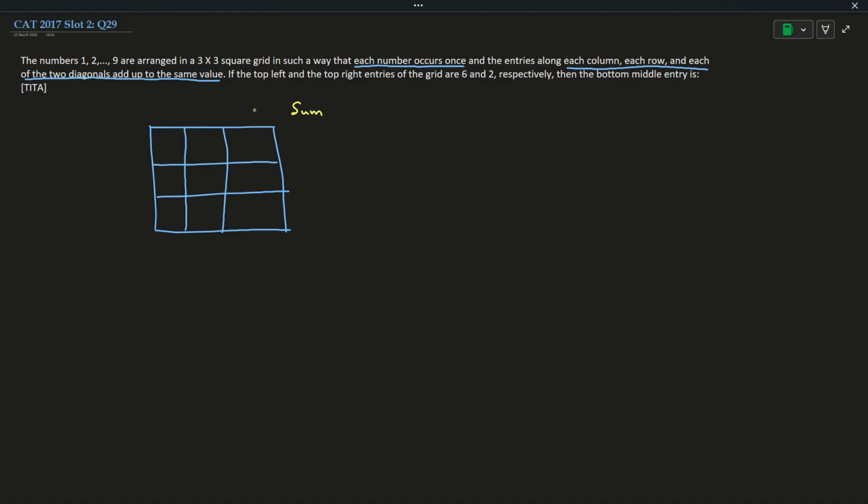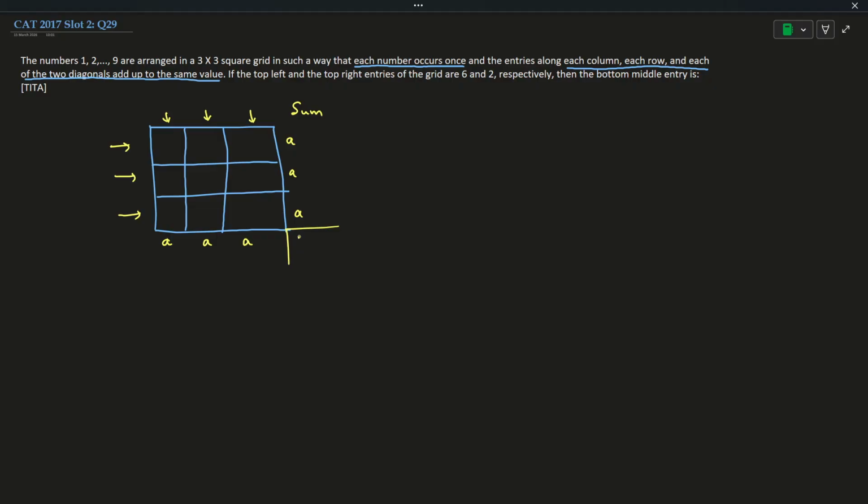If I look at the column-wise sums, everything will be the same, so let's say the sum is a. If I go row-wise, the sum will be the same, so this will also be a, and this will also be a. So what will be the total sum?